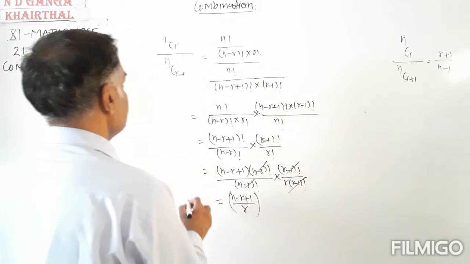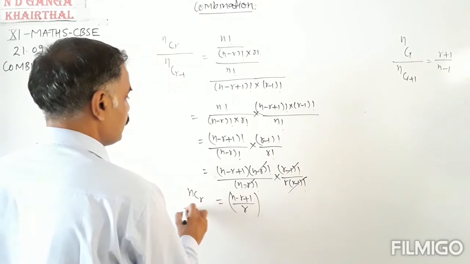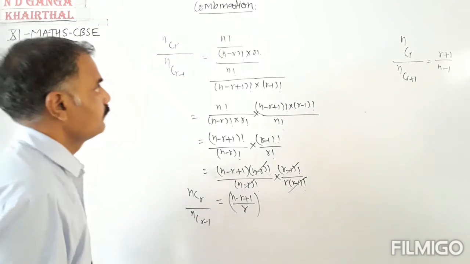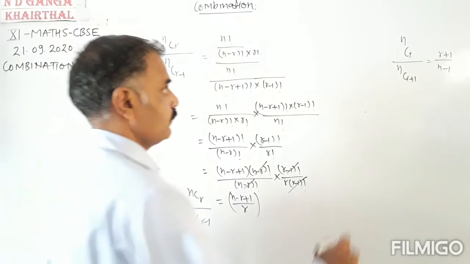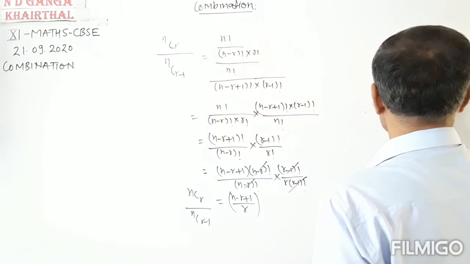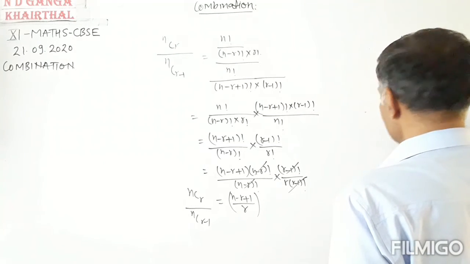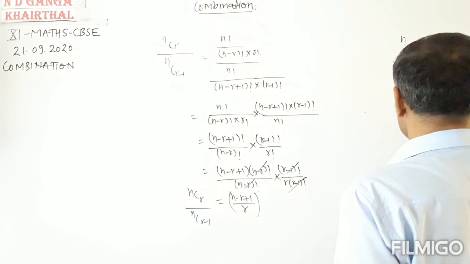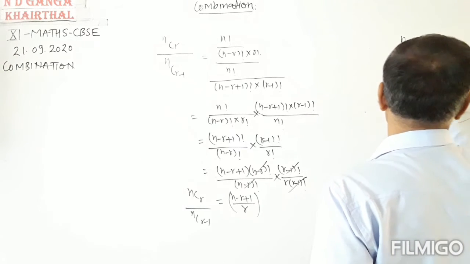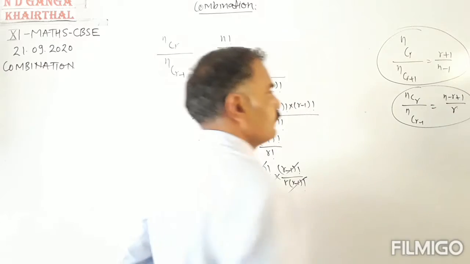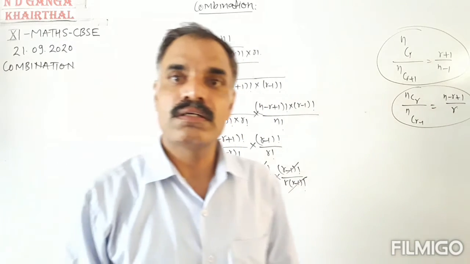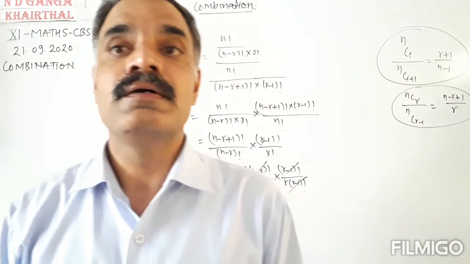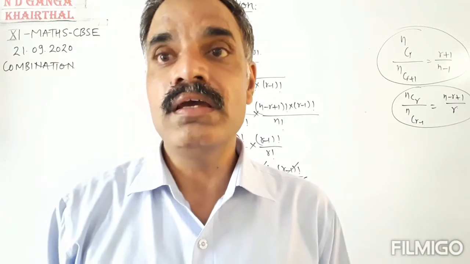Okay. This is nCr upon nCr minus 1. So nCr upon nCr minus 1 equals n minus r plus 1 upon r. So these are two important results whenever we are calculating questions regarding combinations.